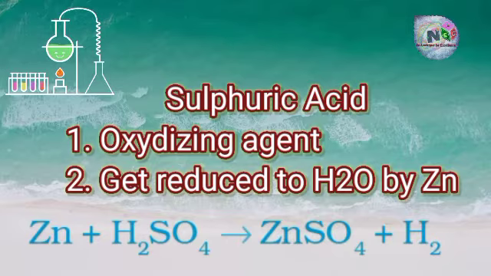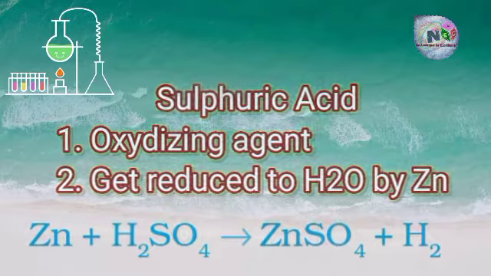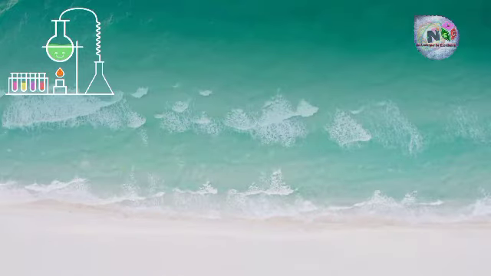In the given reaction, zinc is acting as a reducing agent by giving 2 electrons to the hydrogen atom of sulfuric acid, while sulfuric acid is acting as an oxidizing agent by providing an electronegative element to the zinc, that is the sulfate group. I hope now you are not having any doubt regarding oxidizing agent and reducing agent.